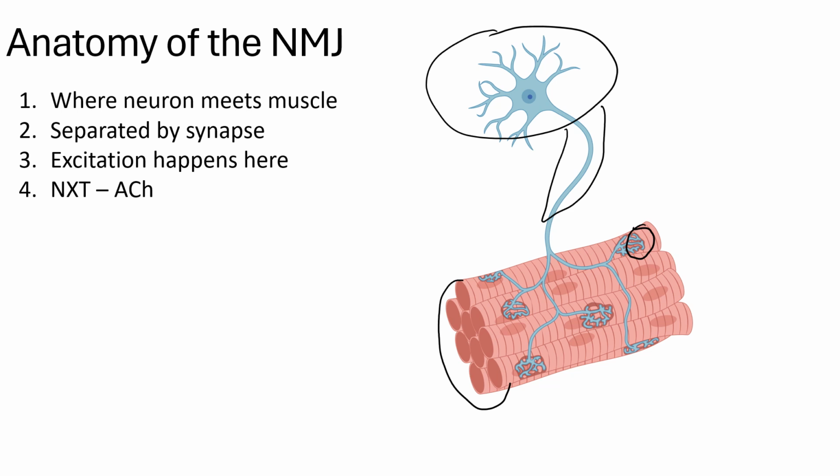What this means is that the neuron will have an action potential. Let's draw that. The neuron will have an action potential bringing information from the brain to the muscle, and the neuron will pass that action potential to a muscle, exciting it.